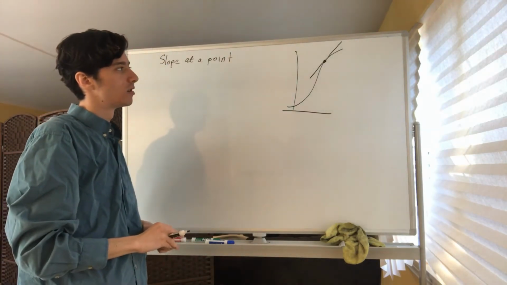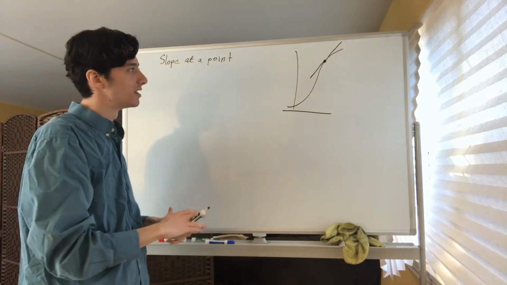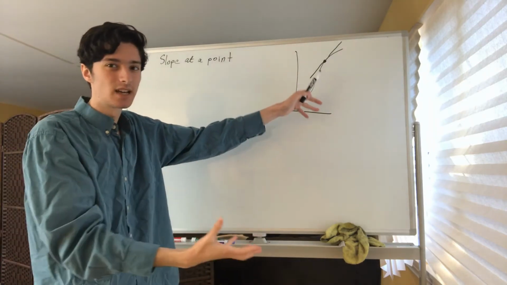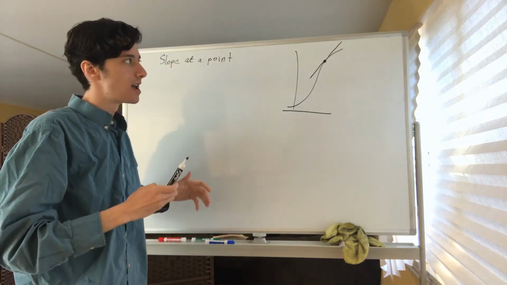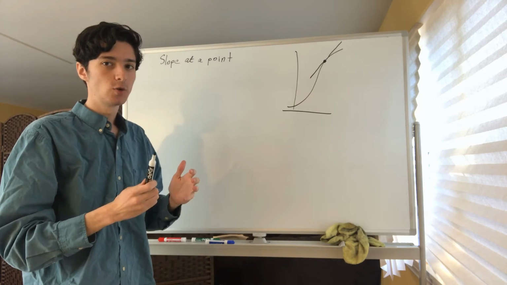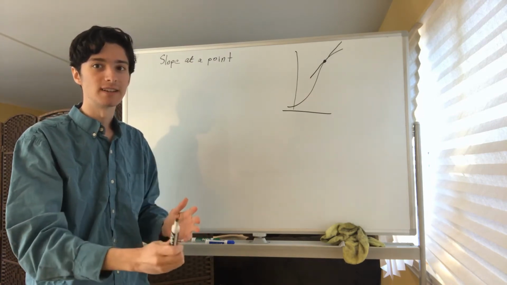Now, of course, what mathematicians have done is taken this idea, and this is called a tangent line, by the way, and turned it into a rigorous mathematical definition using limits.